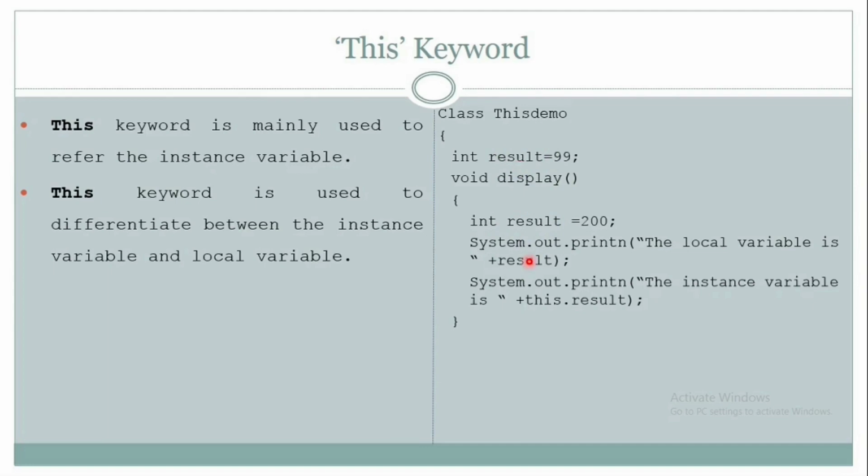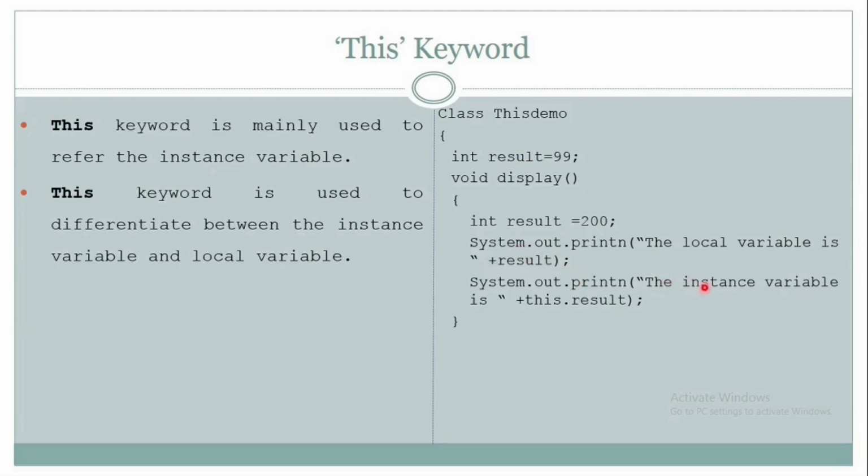Now suppose I want to print the value of result inside the method. I can directly use the local variable itself, because inside a method the local variable shadows the instance variable. Now the question is, how can I access the instance variable inside the method?